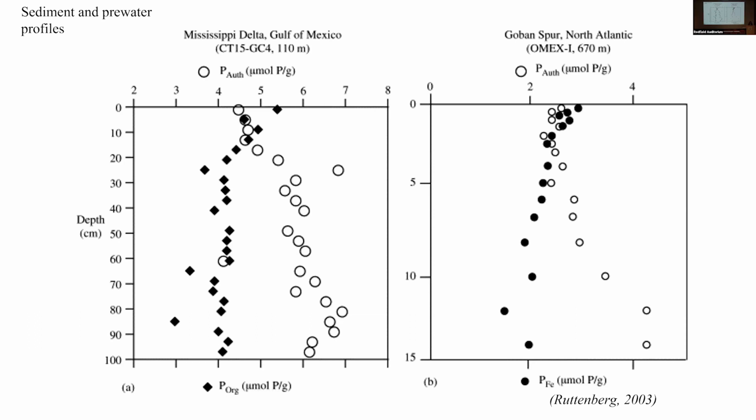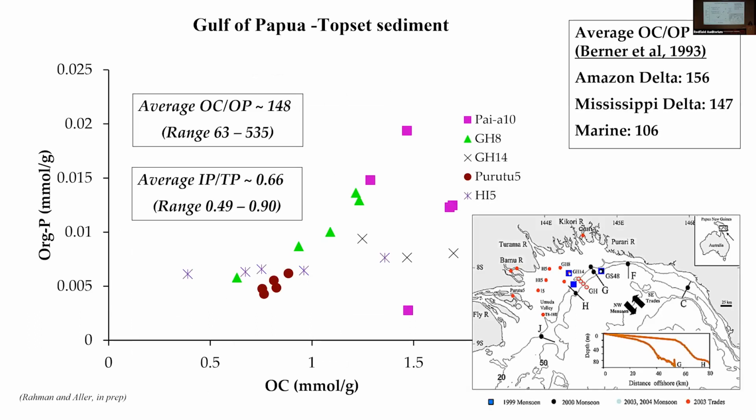Now, from the Gulf of Papua, we're able to do some of these extractions. And the average organic carbon to organic phosphorus ratio is about 150. And this is pretty typical for the Amazon Delta and for the Mississippi Delta as well. So just keep in mind what the marine ratio should be. So you've got this organic phosphorus pool that is being remineralized, and it's forming this authigenic phosphorus pool.